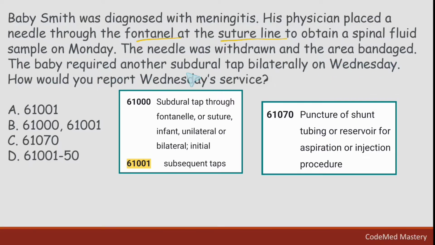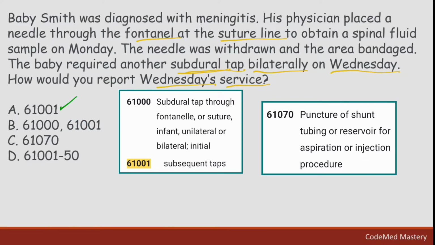The baby required another subdural tap bilaterally on Wednesday. So they're asking to report Wednesday's services. So the baby required another subdural tap bilaterally, right? So we have to code for subsequent taps because this question represents a subsequent tap. Therefore, option A is the right answer.